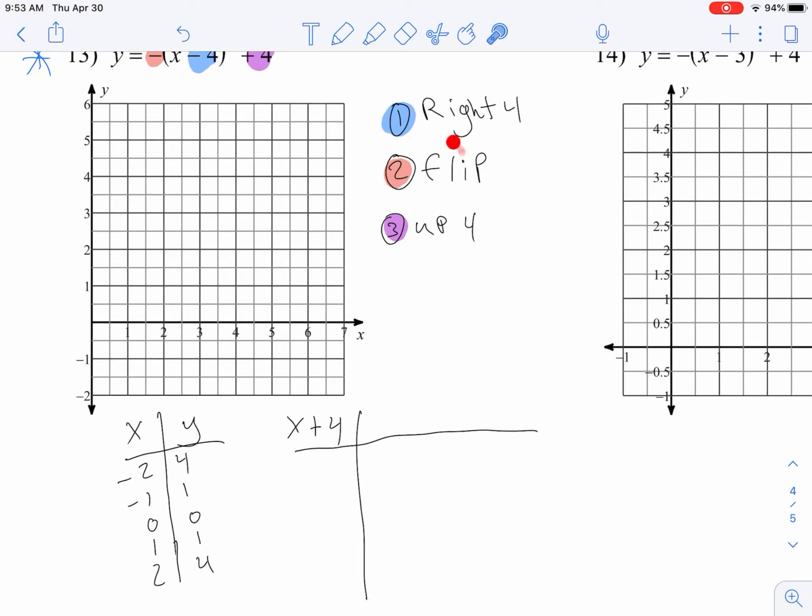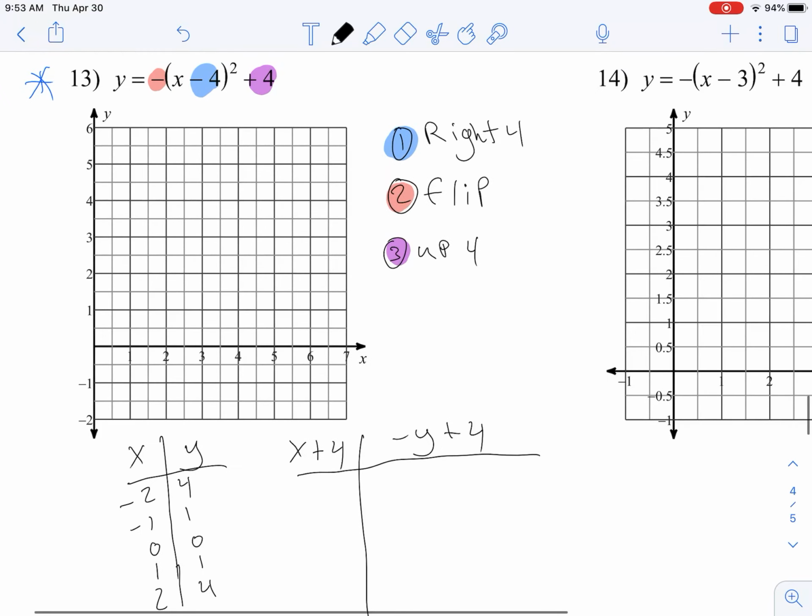Everything after that is affecting our y. So we're going to have a negative y, because it's flipping, plus 4, because it's moving up 4. And again, it's almost like we take this whole x minus 4 squared thing, and we just replace it with a y. Still a negative out front, there's still a 4 there.